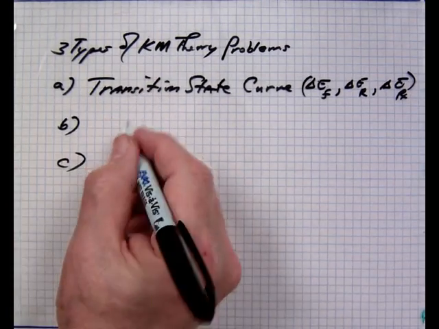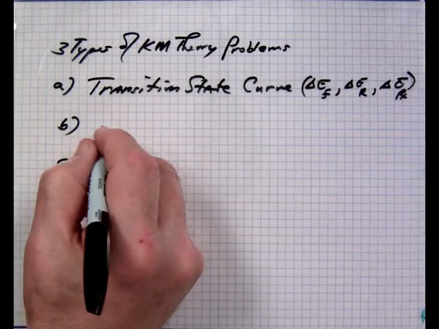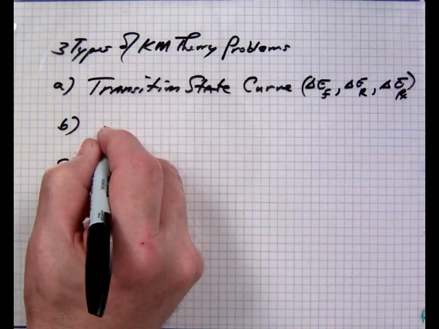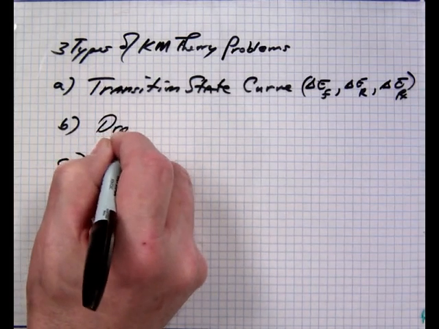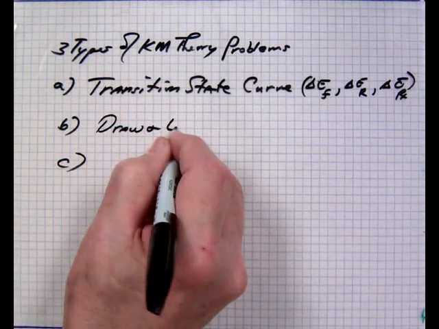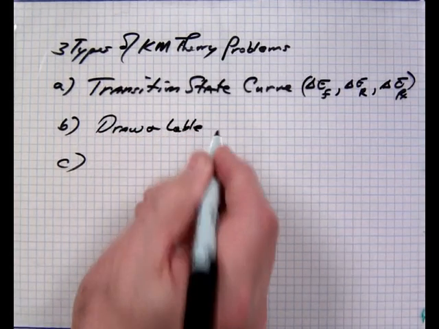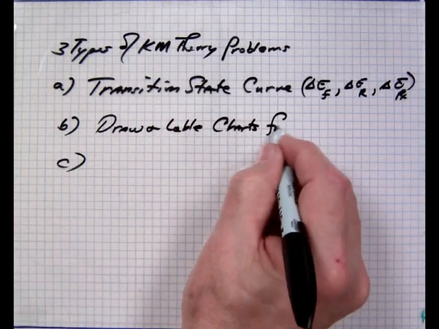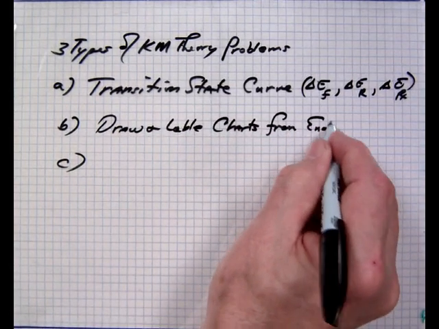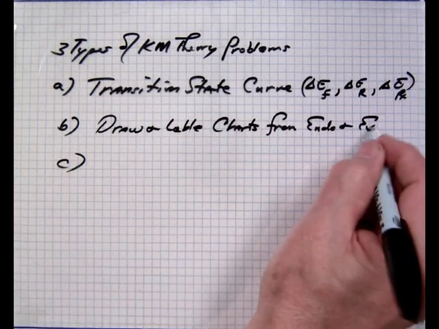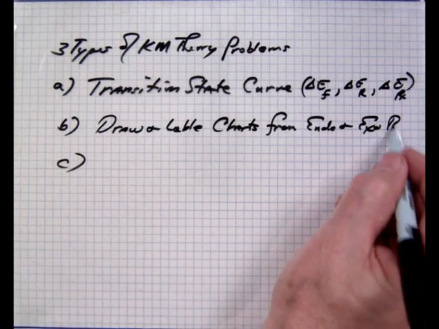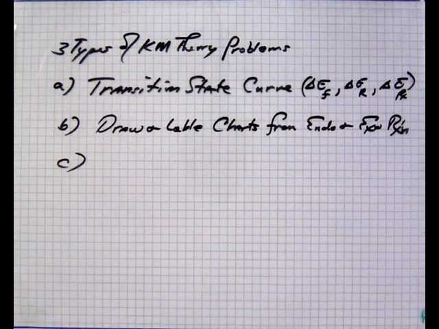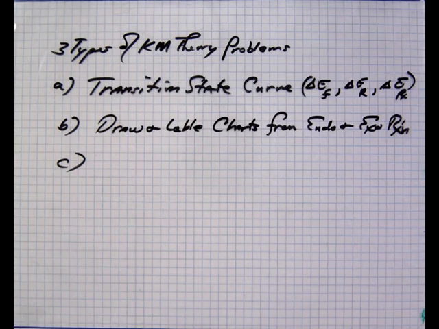You will have simply to draw and label charts for endo and exo reactions. So with the data we get, you just draw it out and or make decisions about what the diagram is actually meaning.